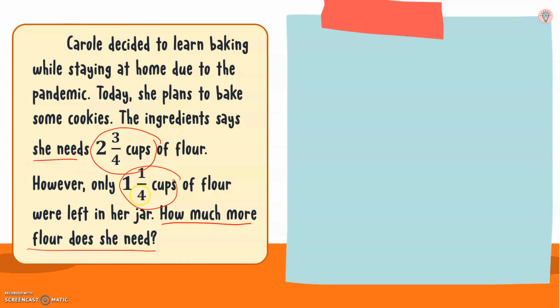But what she only has is 1 1/4 cups because it says it is what's left in her jar. Whenever you see this keyword here, that means the operation that we will use is subtraction. So for our equation, we will have 2 3/4 minus 1 1/4.